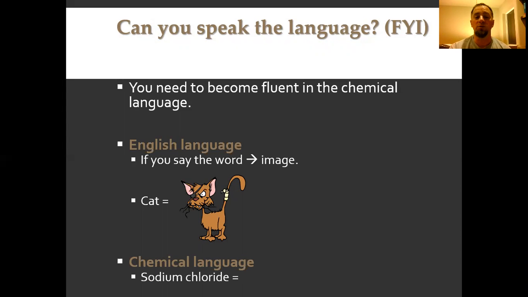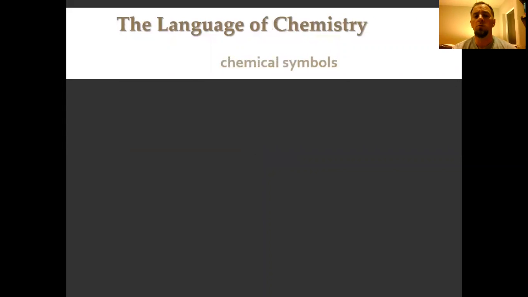If I say sodium chloride, some of you might think of salt, but we should also know that compound is NaCl, or sodium chloride. We use those chemical symbols to tell us what elements are in that compound, and we need to know what a compound is.